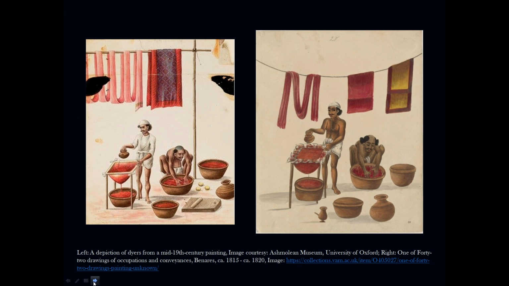So, a lot of them produced images pertaining to textile making, because textile is something that, as we have explored in the earlier part of this course, informed a lot of the trading activities in the Indian Ocean, and textiles also remained at the center of revenue generation for the longest period of time for these East India companies, not just the British East India Company, but also the other Western European companies who were in the Indian subcontinent.